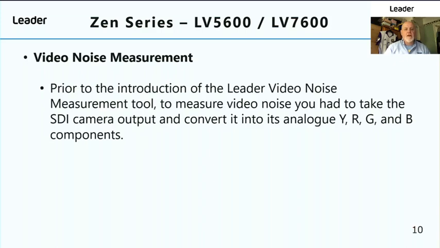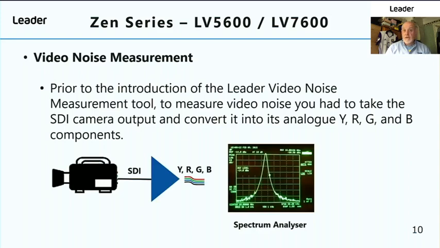So prior to the introduction of the Leader video noise measurement tool, to measure video noise you had to take the SDI output and convert it into its analog Y, G, B and R components. And that conversion through a third-party product could also add noise, which means the measurements you've got might not be entirely accurate.